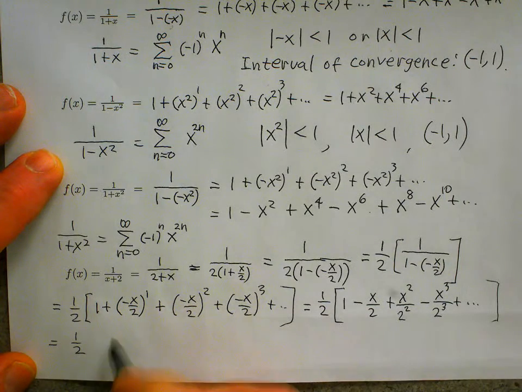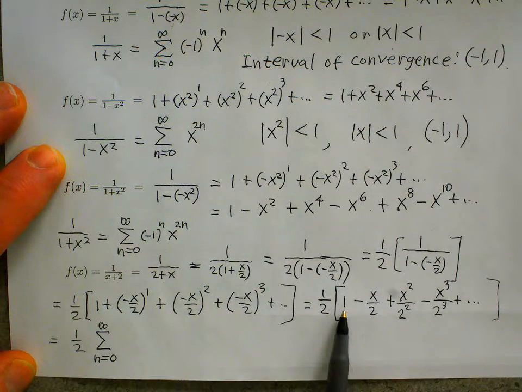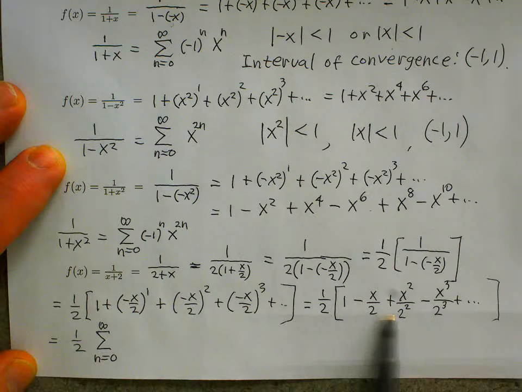So it's 1/2 times the sum, starting at n equals 0 to infinity. The terms alternate from addition to minus to addition and so on.